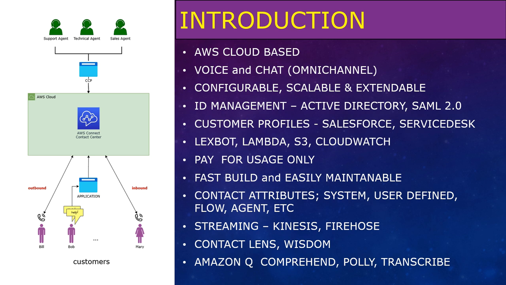And so when you think of Wisdom, think of knowledge bases. Let's suppose a user is calling in or chatting in, and they want to know about the different types. They want to rent a car, let's say.